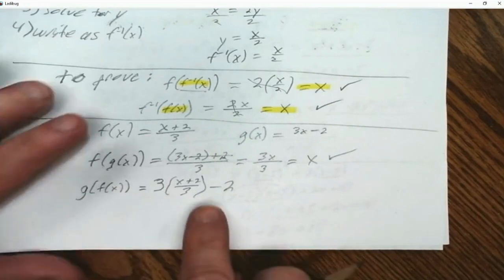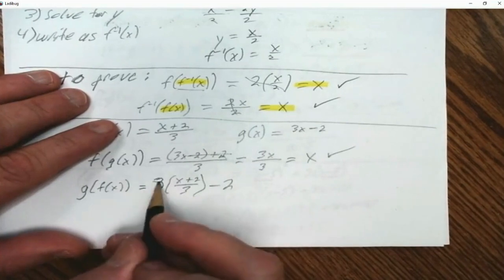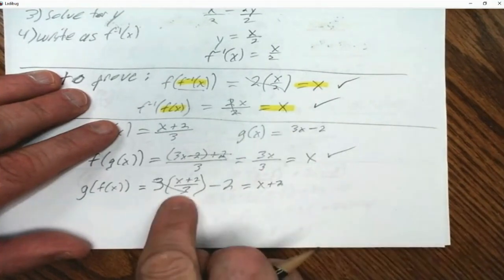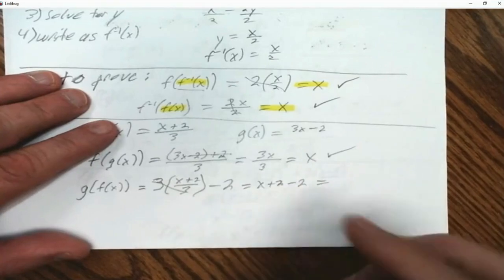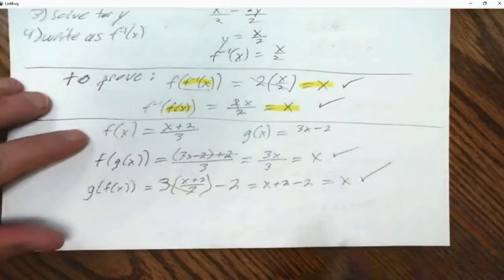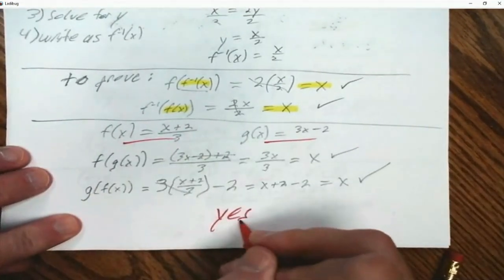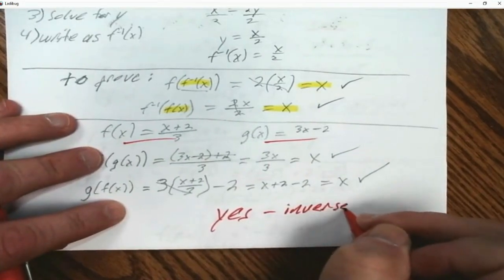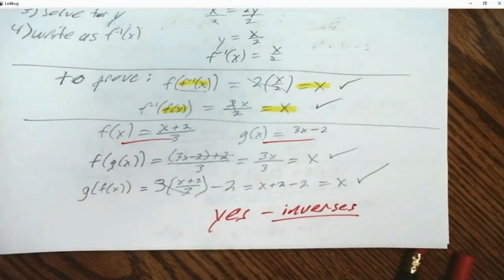So let's simplify that. What is 3 times x plus 2 divided by 3? Well, those cancel out. So that's just x plus 2, and then minus 2. So x plus 2 minus 2. Oh, yes, these are inverses. Yes. These two equations are inverses of each other. Let me show you something on graphing that as well, because there's something else I want you to know about.